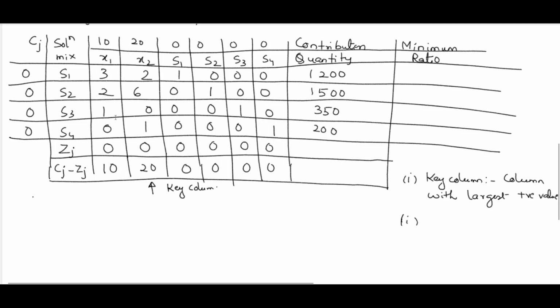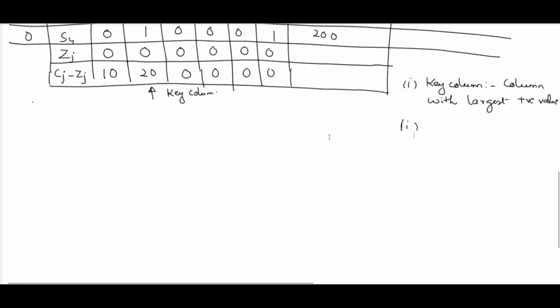For the third it will be 350 divided by 0, and for the fourth it is 200 divided by 1. Divide the contribution quantity by the key column element and choose the smallest value.